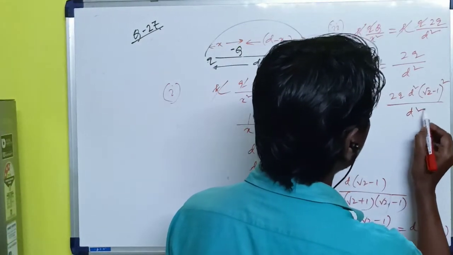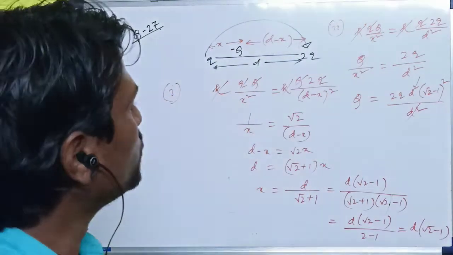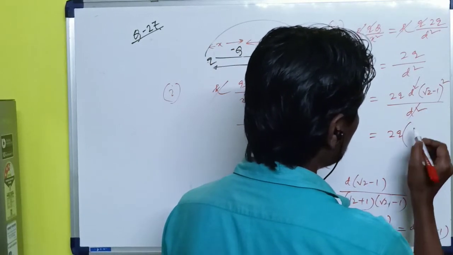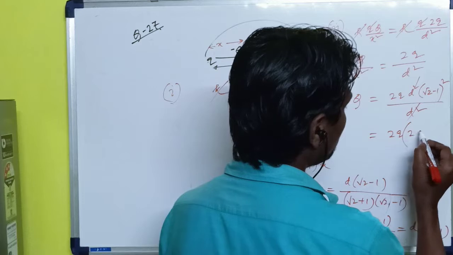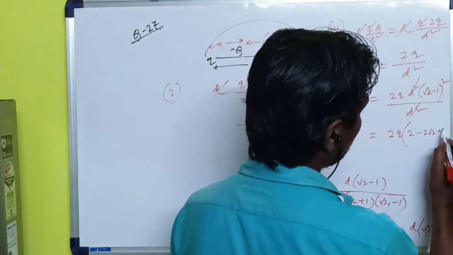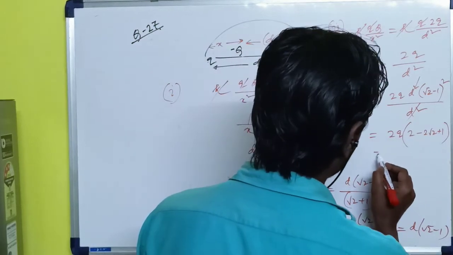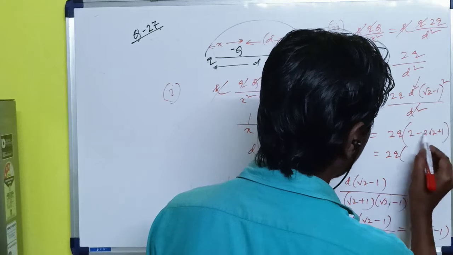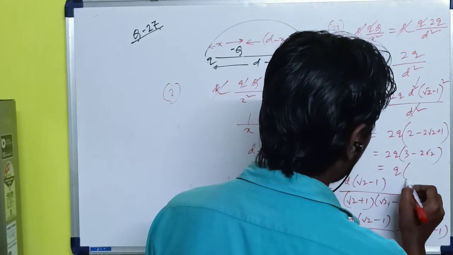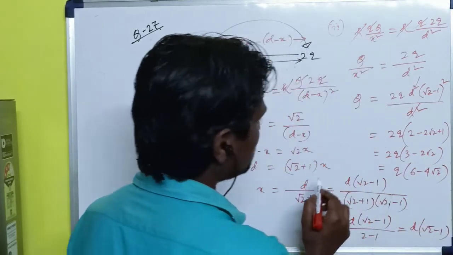So 2q x square, that is 2q into (root 2 minus 1) whole square, which means 2 minus 2 root 2 plus 1, so 3 minus 2 root 2. So the answer is q (6 minus 4 root 2). So this is the answer.